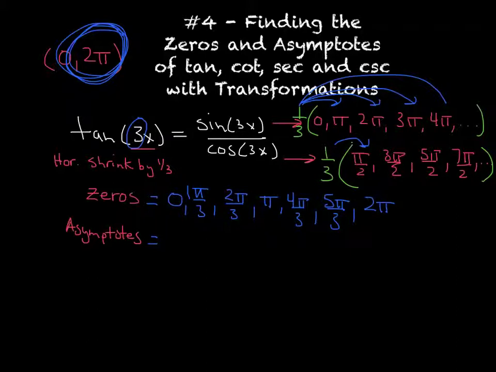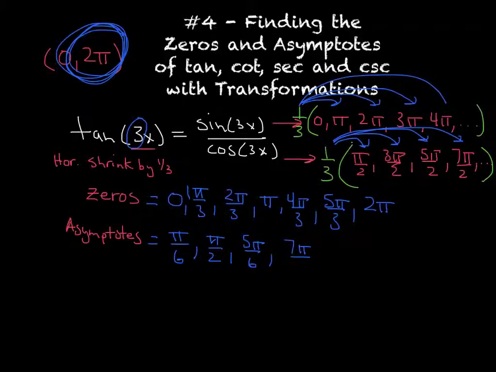So that's going to give us pi over 6. And then we're going to multiply 1/3 in there. And that's going to give us pi over 2, or 90. And then we're going to multiply 1/3 in there. That's going to give us 5 pi over 6. And 1/3 in here. That's going to give us 7 pi over 6.